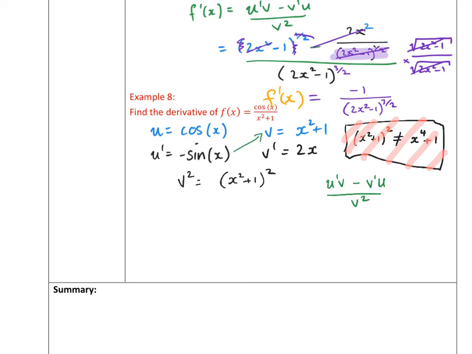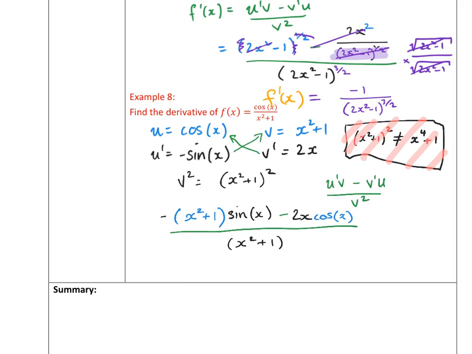Well, u dash v is going to be x squared plus 1 times negative sine x, just a nice way of writing that, minus v dash u, minus 2x cos x. And that's only one term, so we don't have to worry about brackets there. All divided by v squared, which we know as x squared plus 1 squared.